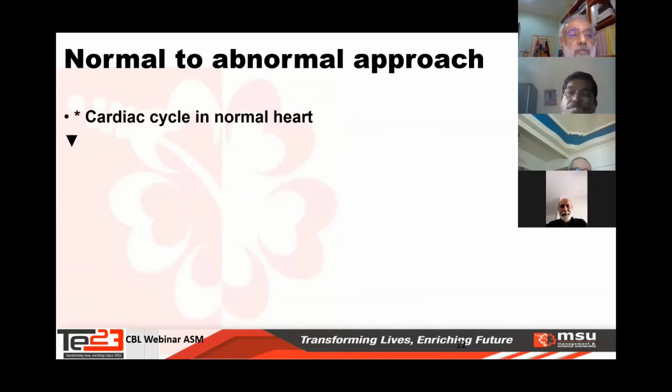The first session would be on the cardiac cycle in a normal heart, which I think most of our physiologists would teach in a cardiovascular module, a usual lecture. Nothing special in that.